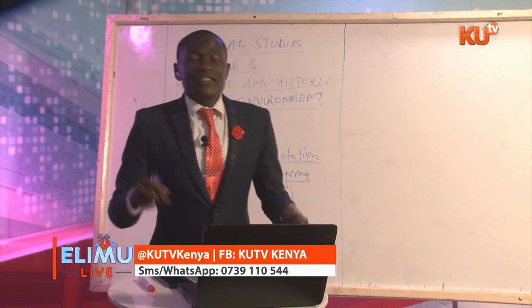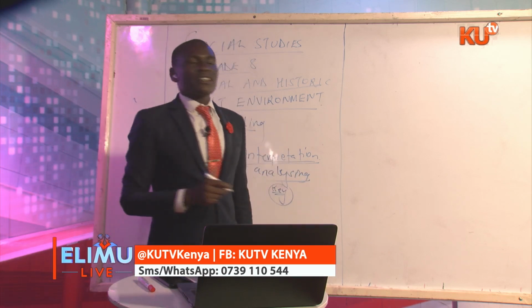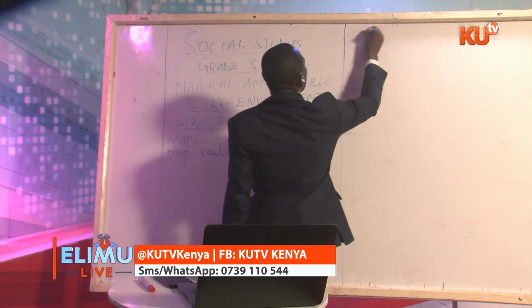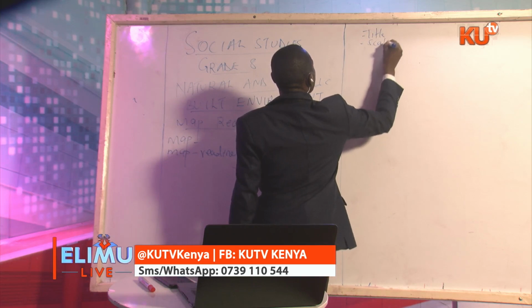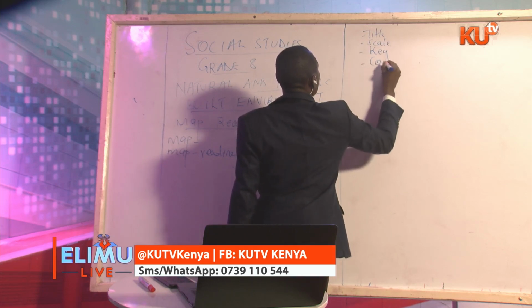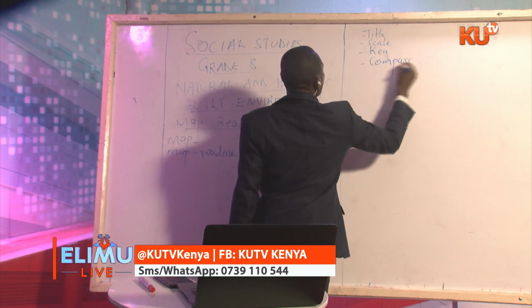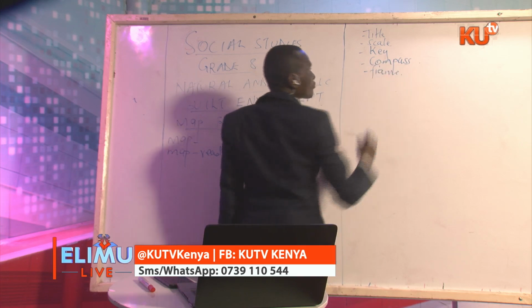Now, there are 5 elements of a map. These elements are 1, title, 2, scale, 3, key, 4, compass, and lastly, frame.